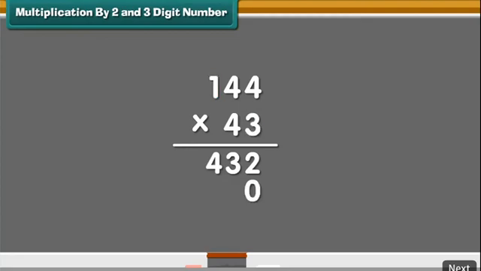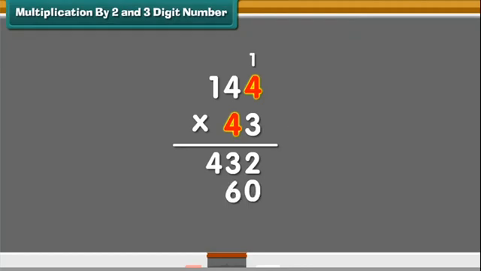Now add a 0 on one's place and multiply 4 with the number on one's place. 4 times 4 is 16.